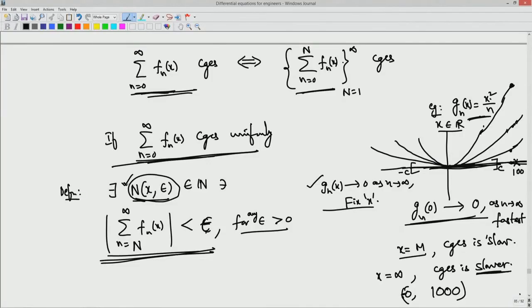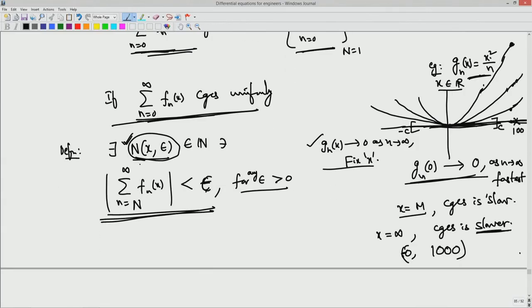That means there is some n that works for all x. If it does not depend on x, depends only on epsilon, and for every x this is true, then you say that it converges uniformly. This is the definition of uniform convergence.